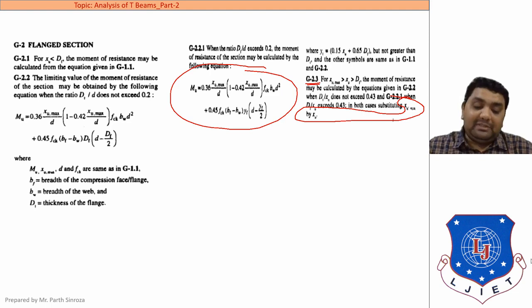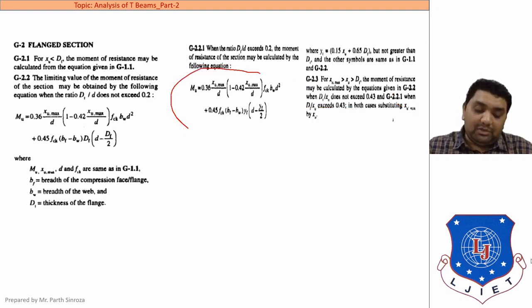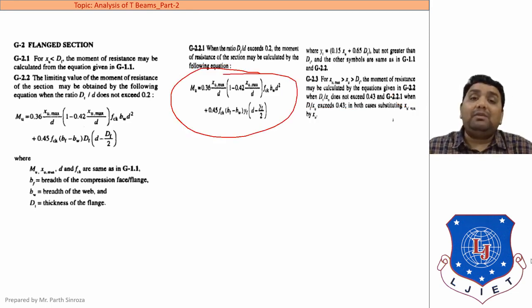In this term, you will see a new parameter that is not used in equation 2.2, that is YF. In the previous term it was DF. DF we already knew is the depth of flange. YF is the effective depth of flange.